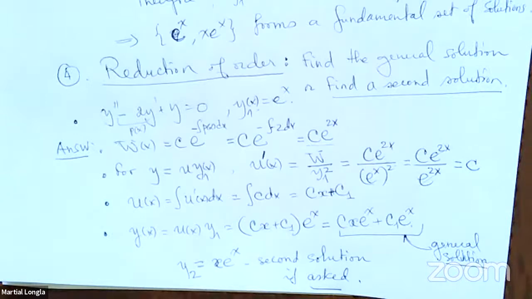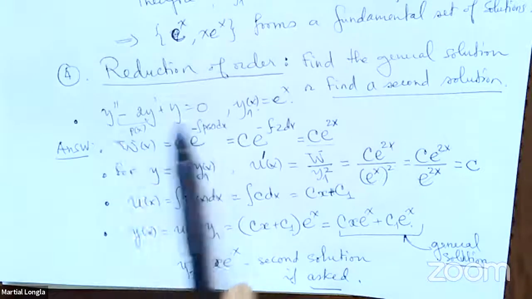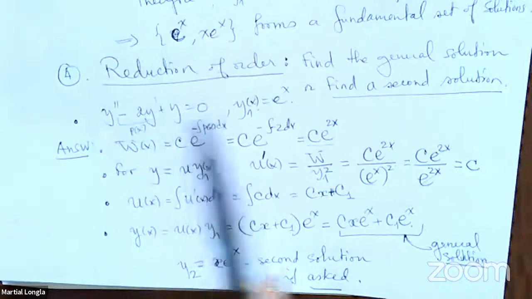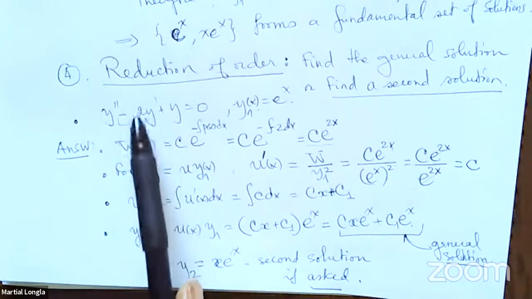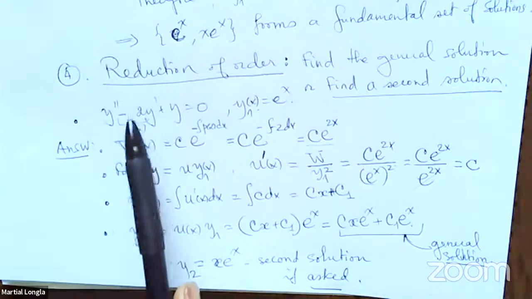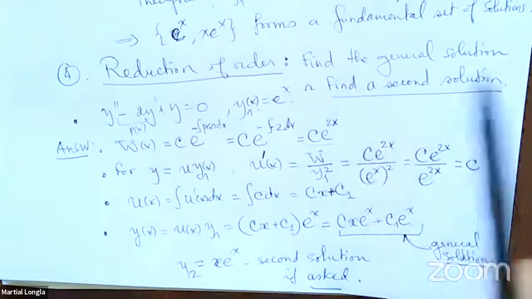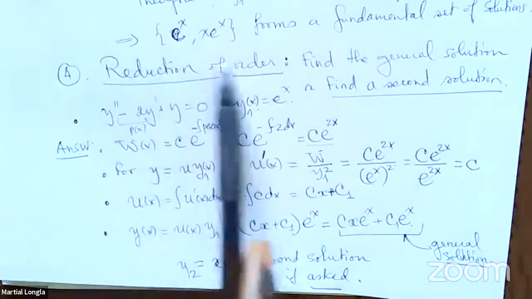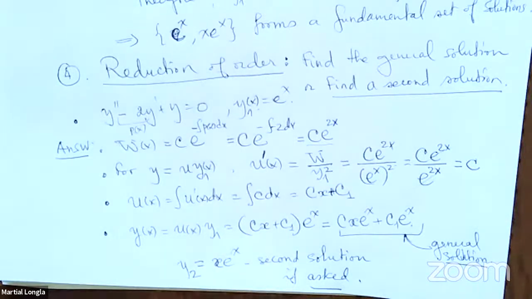Now notice that in this class, there is already a topic that shows you how to solve this equation, but that's not what the question is about. The question says, find a general solution using reduction of order. So I'm interested in seeing how you use reduction of order.